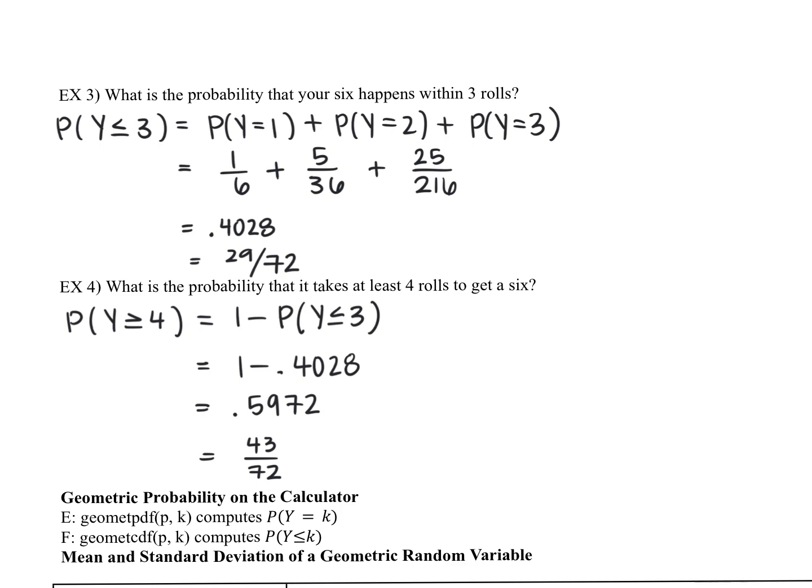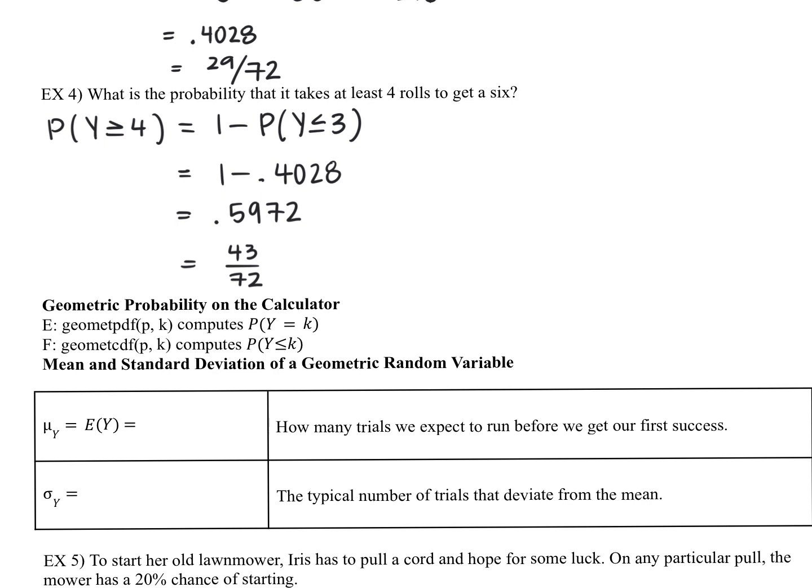Just like with a binomial distribution, there are geometric formulas on the calculator. You go to 2nd vars, and then for the geometric distributions, you keep going, and they are F and G. F is your geometpdf, and G is your geometcdf.